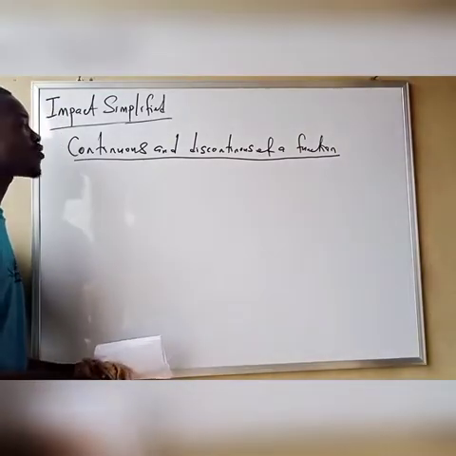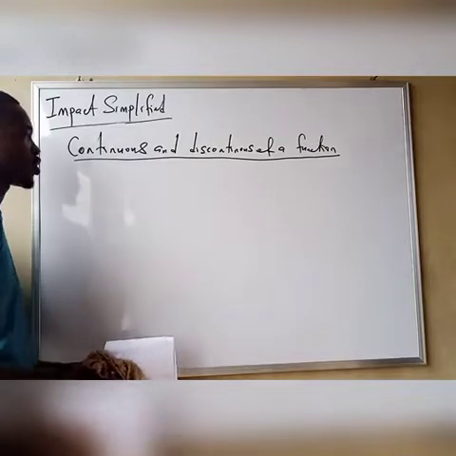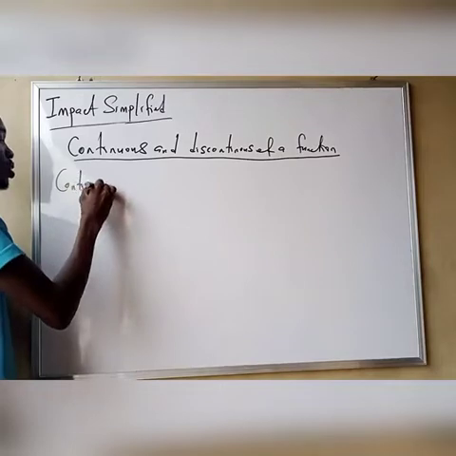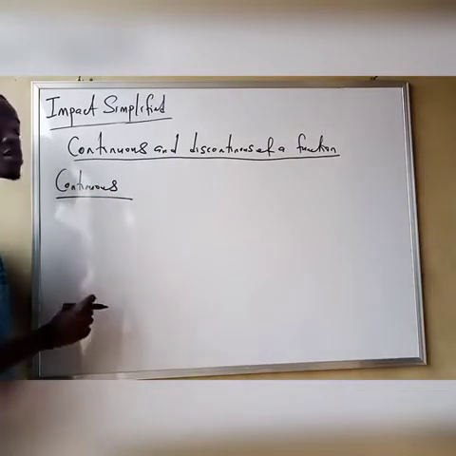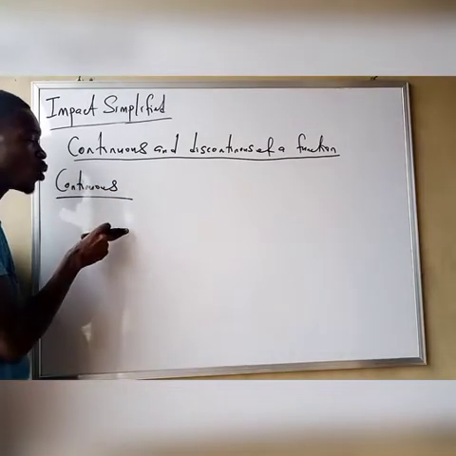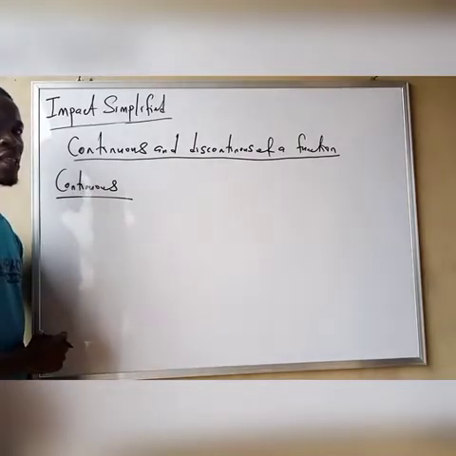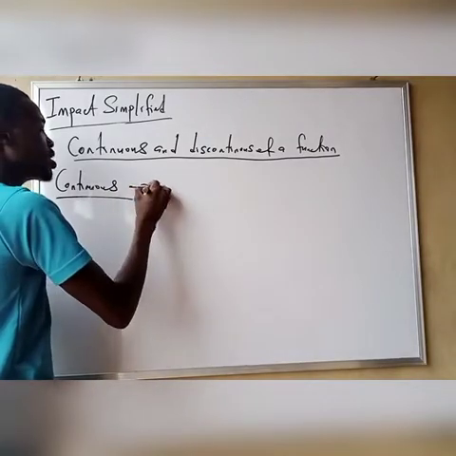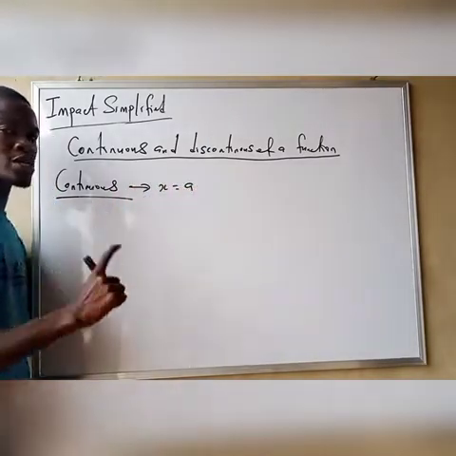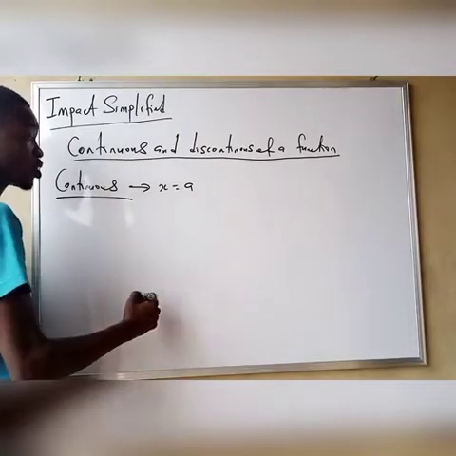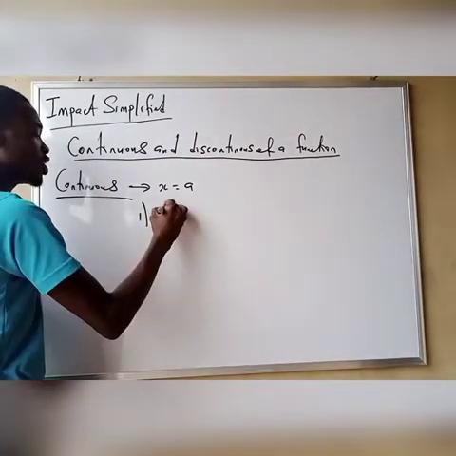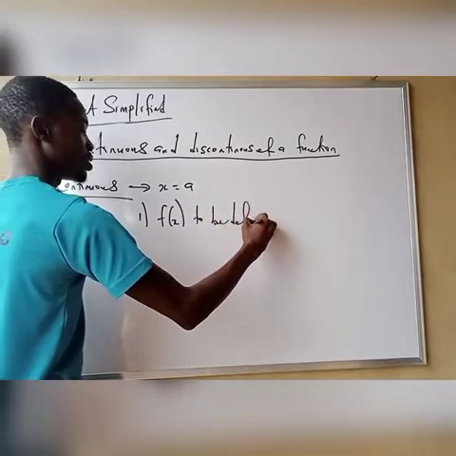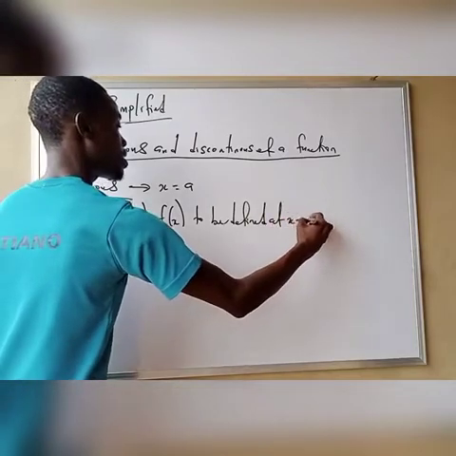Now what is the meaning of continuous and discontinuous of a function? We need to know that for a function to be continuous, it has to follow some conditions. And what are the conditions? A function is continuous at x is equal to a if it follows the following conditions. The first is for f of x to be defined at x is equal to a.